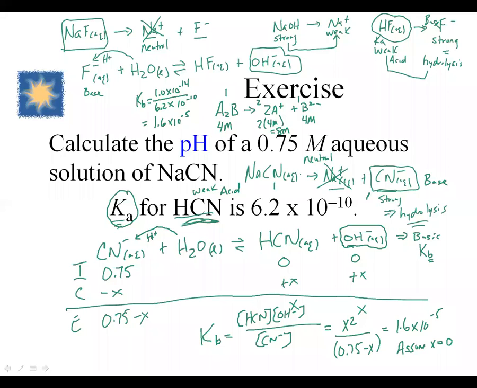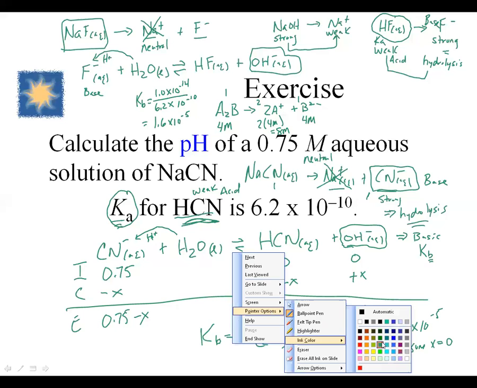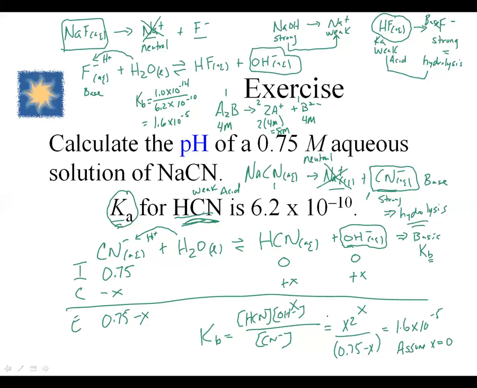So they usually work out pretty good. So when we make that assumption, we will end up with x squared over 0.75 equals 1.6 times 10 to the minus 5. Again, multiplying the 0.75 to the other side and taking the square root.